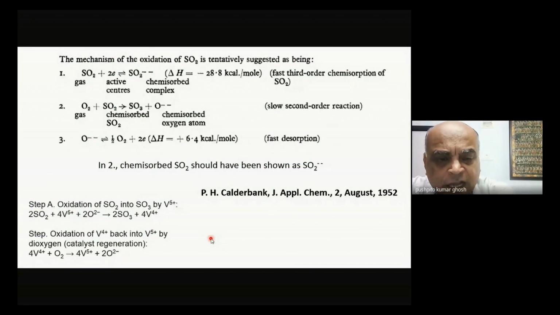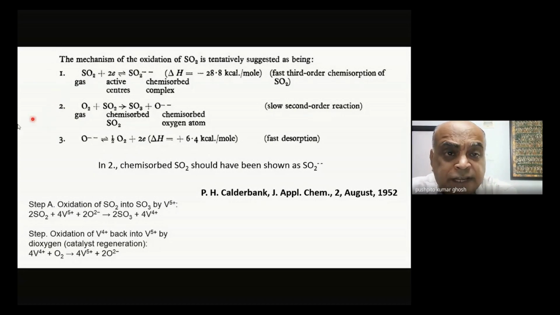So let us just try and quickly see what is the mechanism for the action on vanadium pentoxide. In fact, I struggled to get the mechanism for platinum, which I couldn't. But let me at least tell you what is the mechanism in the case of vanadium pentoxide.